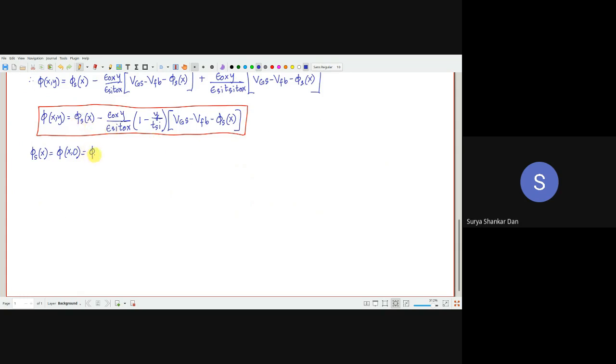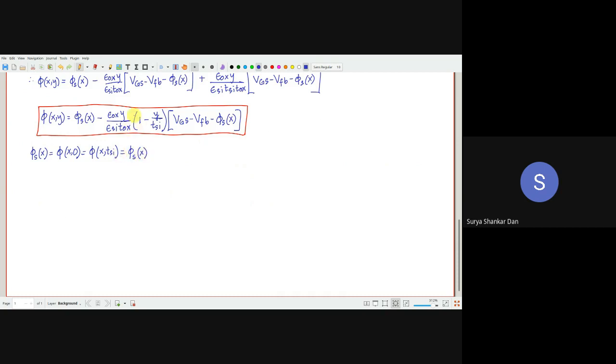You will be left with only phi s of x. At the same time, if we are putting y equal to tsi, this will be tsi, all right. But this is a tsi also, no? tsi by tsi is 1. 1 minus 1 is again 0. This factor becomes 0. So this entire factor becomes 0. You are again left with the surface potential phi s of x.